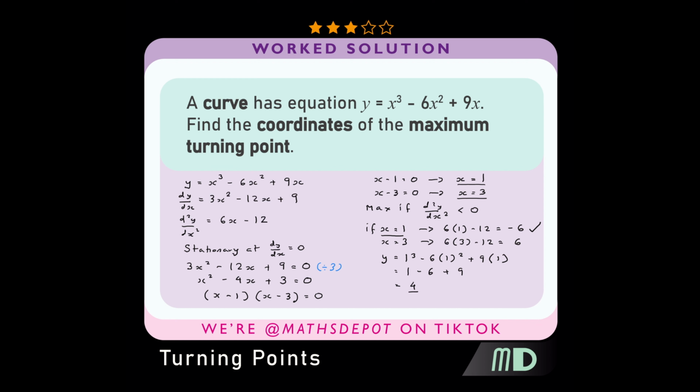If y is equal to 4 when x is equal to 1, the coordinates of the maximum point are 1, 4.